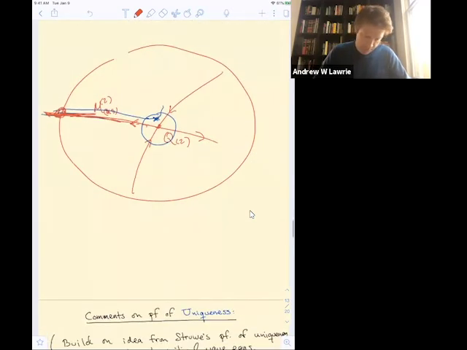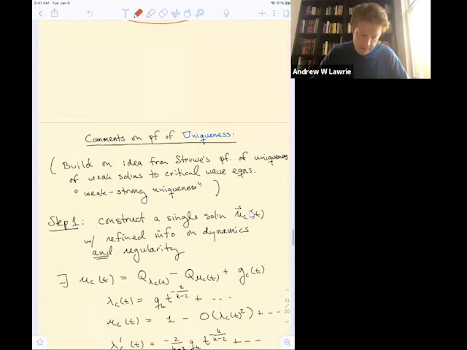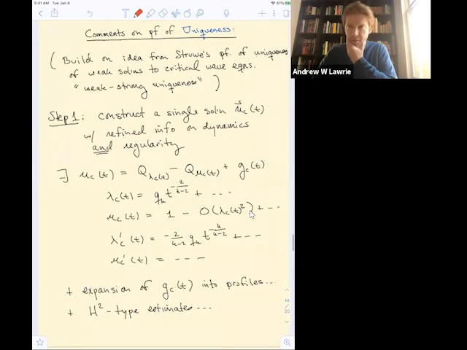Okay, so if it's okay, I'd like to make some comments on at least some aspect of the proof. I wanted to discuss the proof of the uniqueness part of the theorem. I only really know of two ways of proving uniqueness of solutions to a PDE.